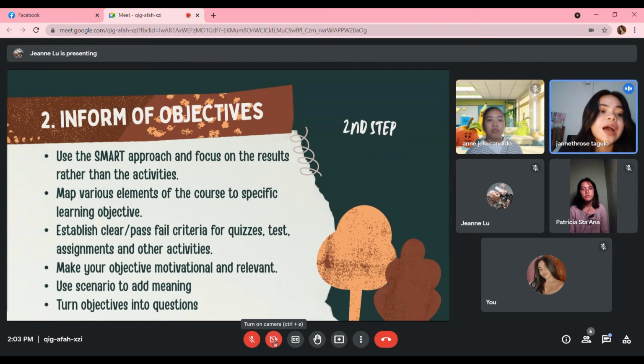Use scenarios to add meaning. Turn objectives into questions. So we should describe what the students will be able to do at the completion of the session, and what the required and standard performance is, para mas clear ilahang understanding.